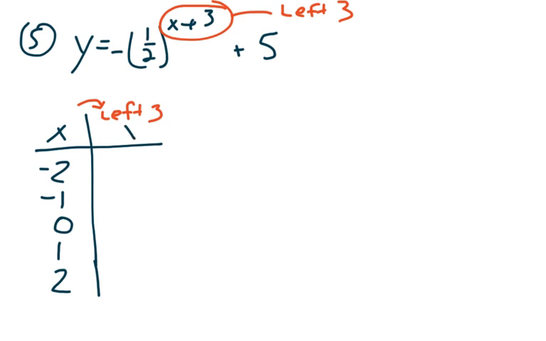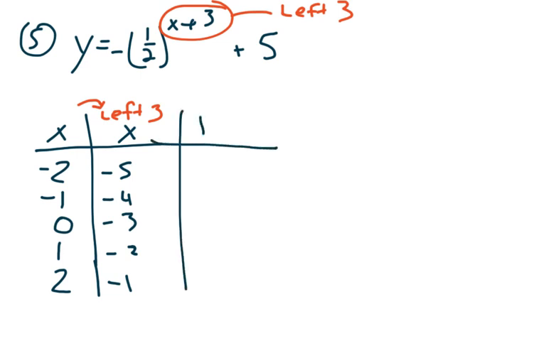So when I move my x values left 3, I'll get -5, -4, -3, -2, and -1. And these are going to be the x values that I plug in to get my y values. Remember, don't be shy about the parentheses.